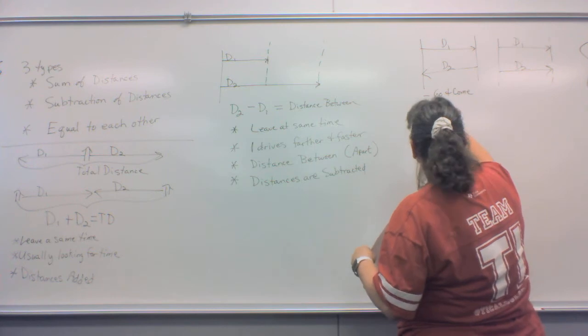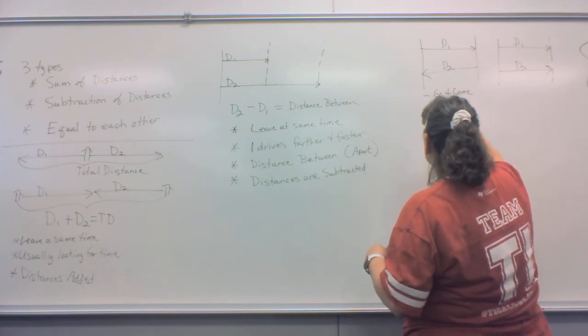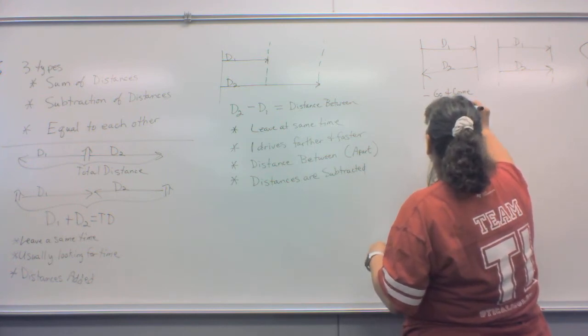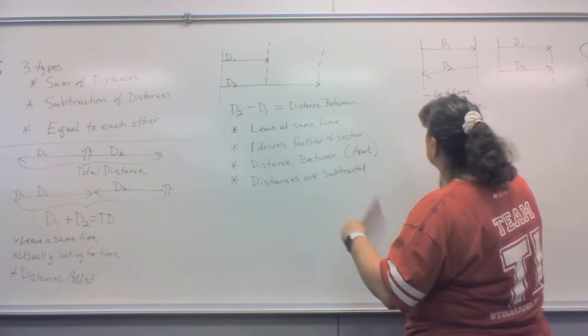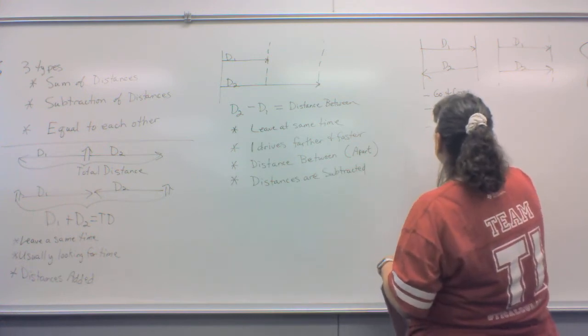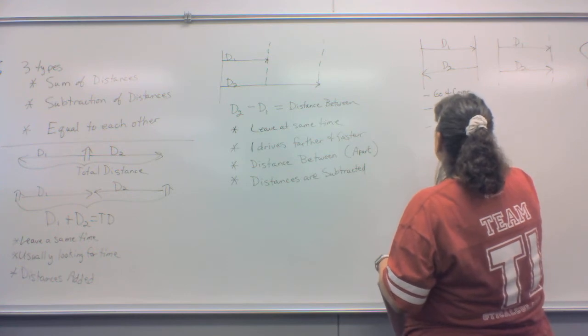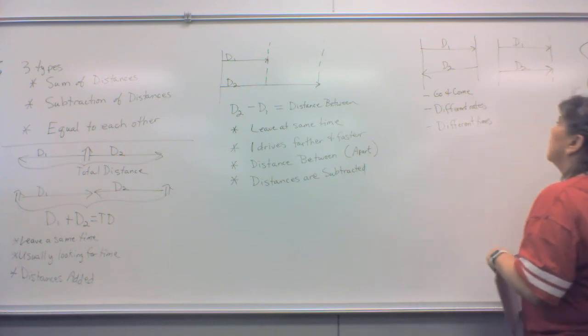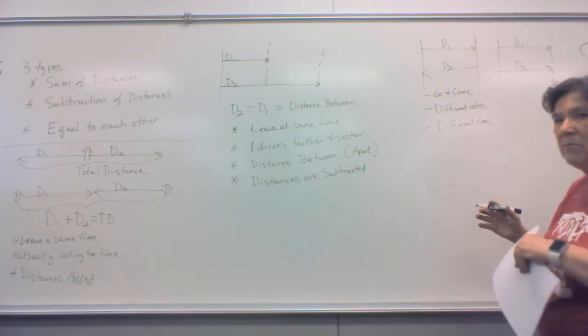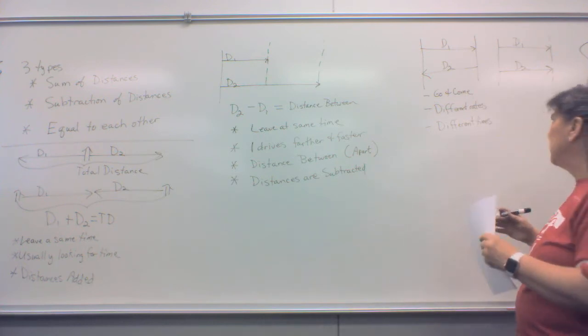Different rates are often involved in this, but they're based on each other, and the other difference is different times. So this has a lot of differences to it, different times. And since it's a go-come, you're not going to be at the same time or anything.